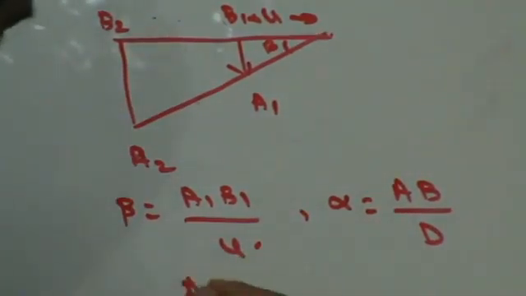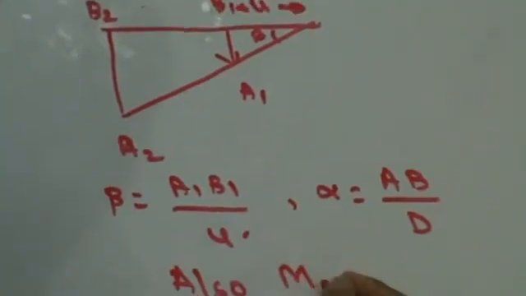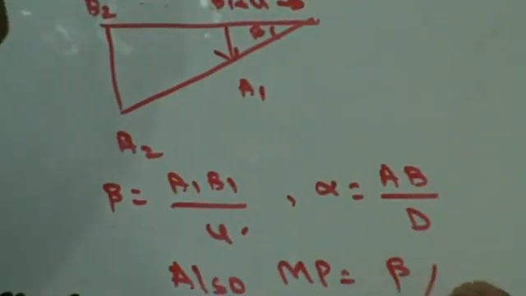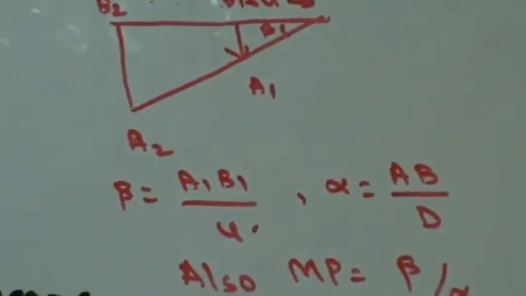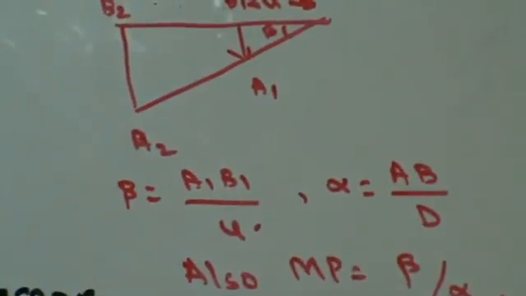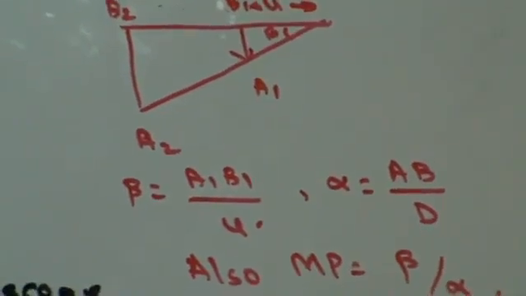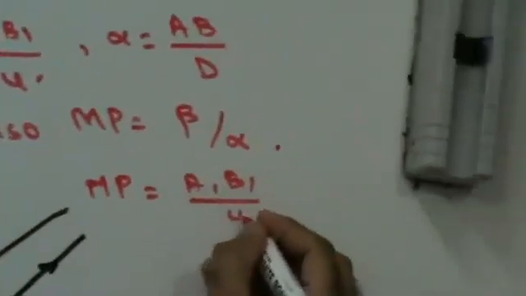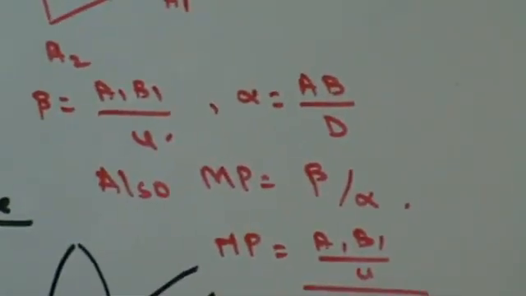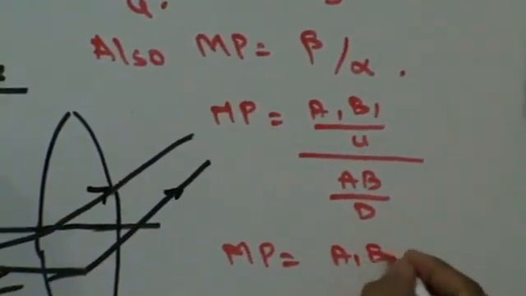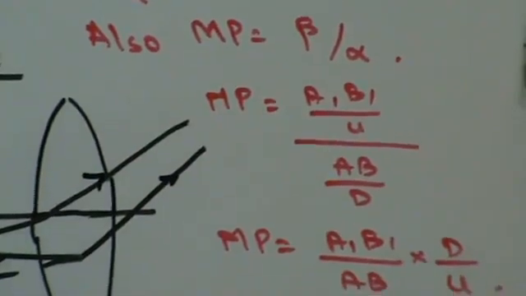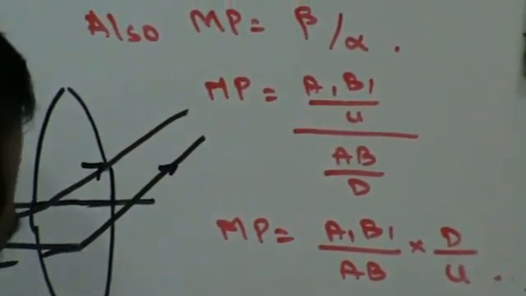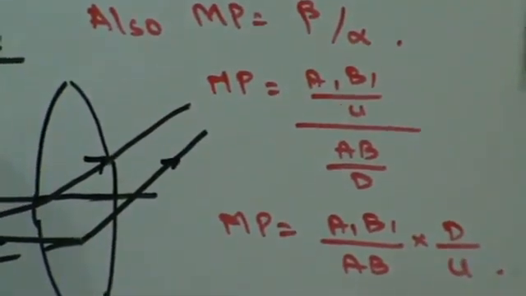Also I can say that magnifying power is nothing but beta upon alpha by definition. So therefore I can say that magnifying power is nothing but A1 B1 upon U divided by AB upon D. So therefore magnifying power for compound microscope is A1 B1 upon AB into D upon U, right? But what is A1 B1?